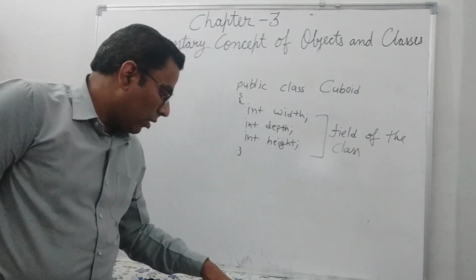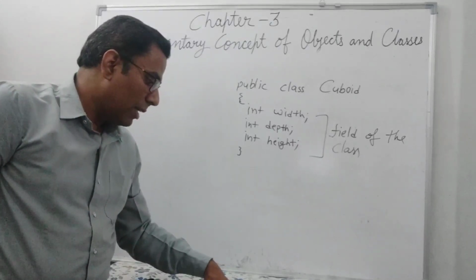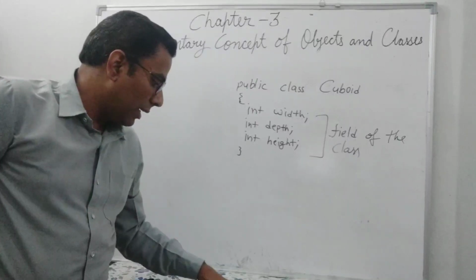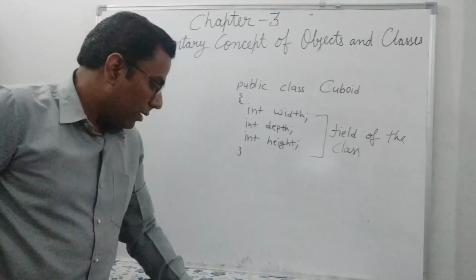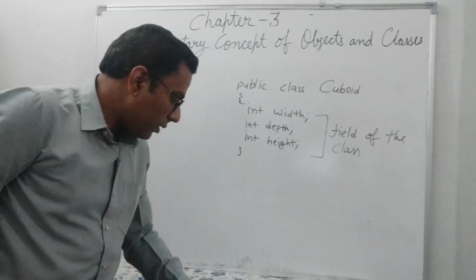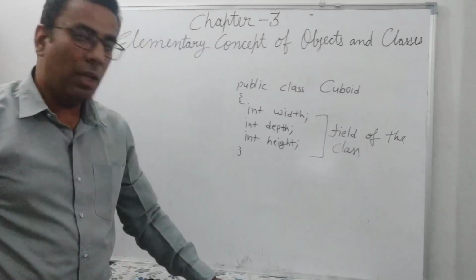However, obtaining an object of a class is a two-step process. First, you must declare a variable of the class type, and second, you must acquire the physical copy of the object.